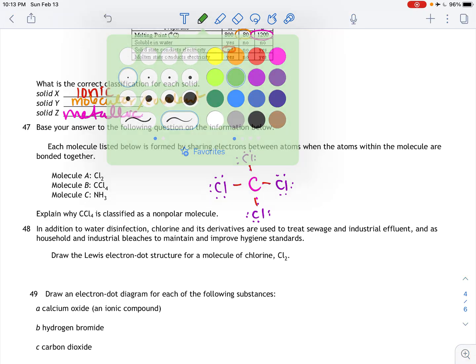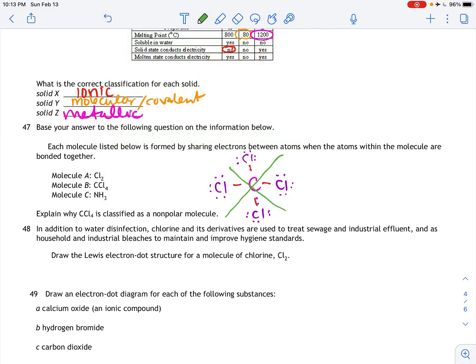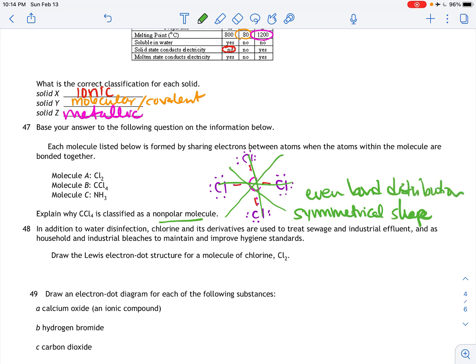So if we're looking for symmetry, you've got it. So it's a nonpolar molecule because it is a symmetrical shape. You can also say it has even bond distribution. You know what you can't say? The electronegativity difference is such and such, because molecule polarity has to do with symmetry.